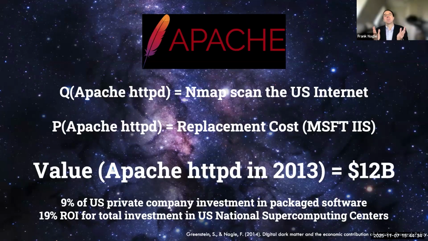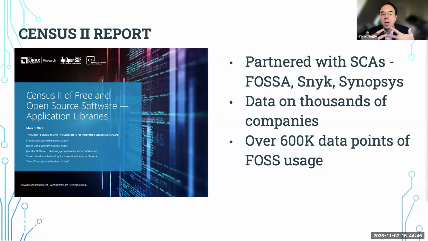And so years later, we wanted to better understand the broader open source ecosystem. In working with the Linux Foundation, we partnered with a number of software composition analysis companies. What these companies do is they go into their customers and scan their software, their code bases.